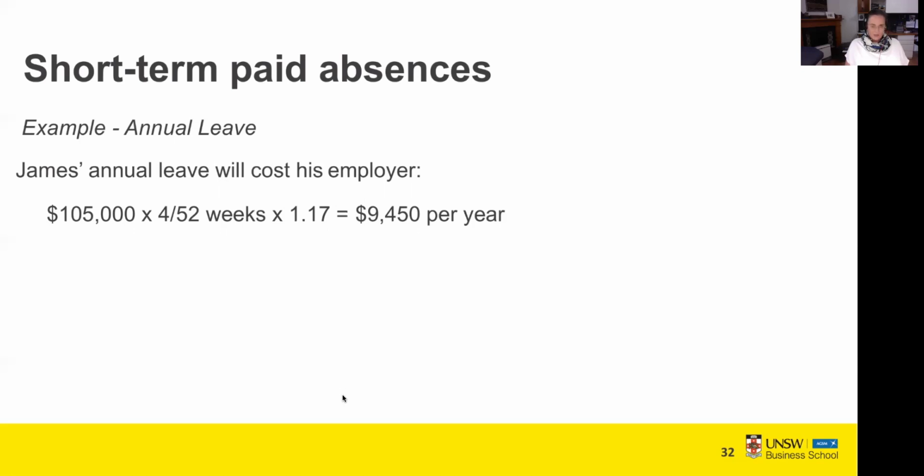If the company prepares weekly journal entries to record the leave, then the amount they are going to recognise every week when they prepare their annual leave journals, they will set aside $182 every week for James's leave.